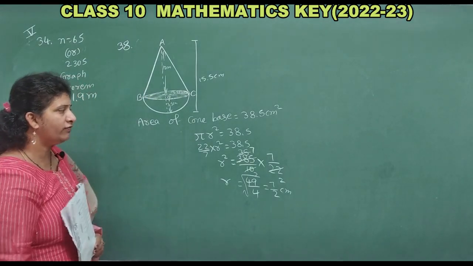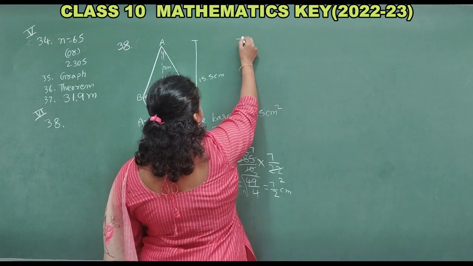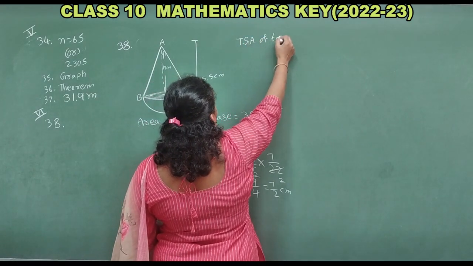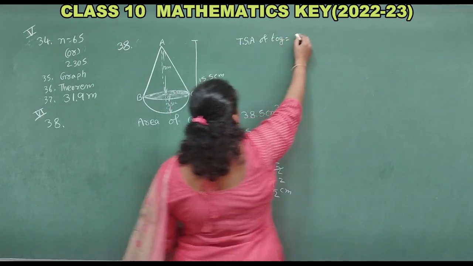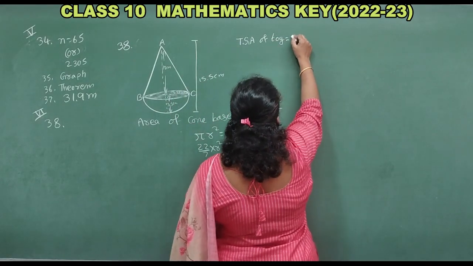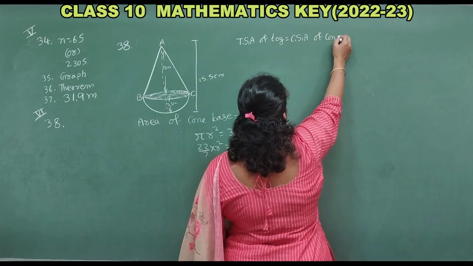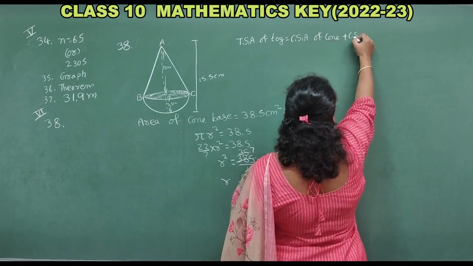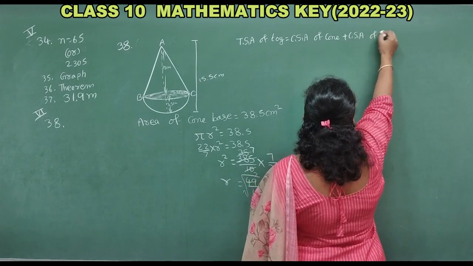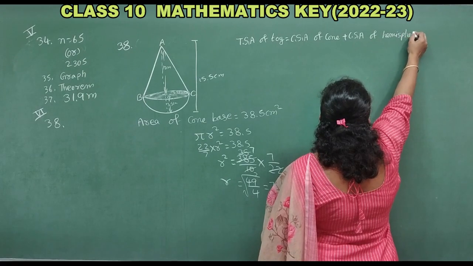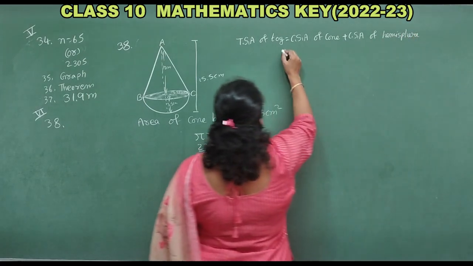Total surface area of a toy means, what is the formula? Total surface area of the wooden toy is equal to CSA of cone plus CSA of hemisphere. CSA of cone and CSA of hemisphere we need to add.